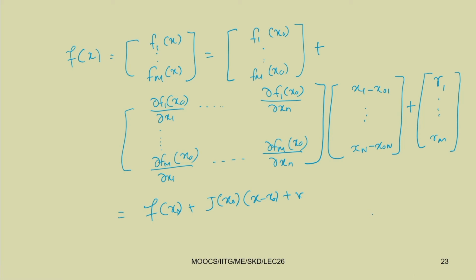So, we can write f(x) equal to f(x0) plus J(x0), and we can write this equal to f(x0) plus J into delta x.